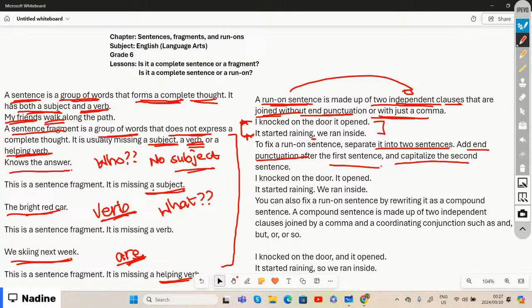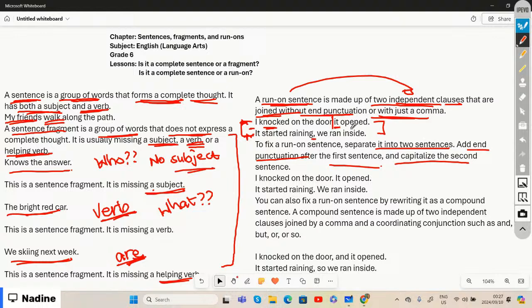Because remember, a sentence starts with a capital letter. So the first sentence: I knocked on the door. It opened. I is the subject, knocked is the verb. It opened. What opened?